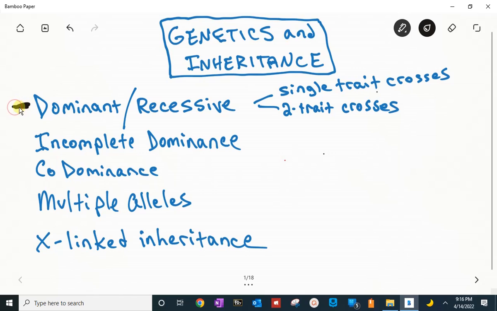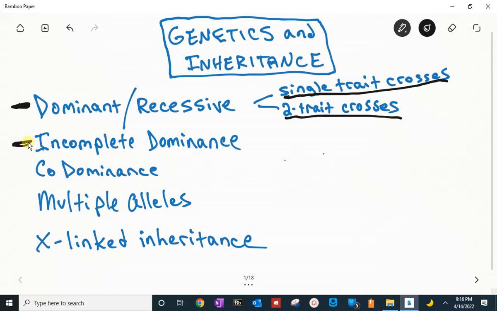There is the dominant and recessive mechanism, which is what I was just explaining. And within the dominant recessive, you can figure out single trait crosses or double trait crosses or multi-trait crosses, and we'll get into that.